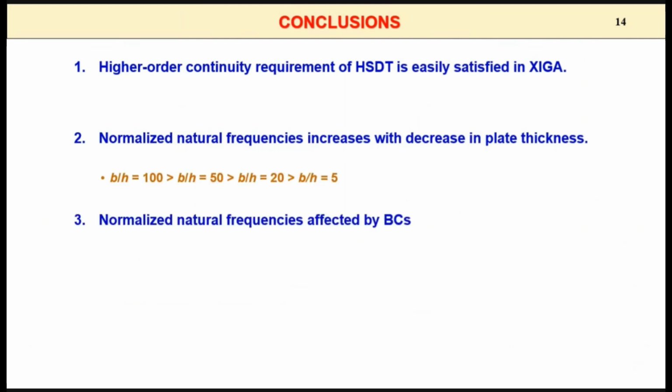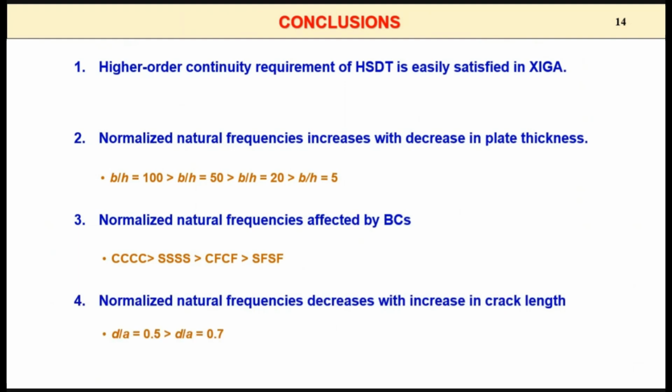The natural frequencies vary with B by H in this way. For B by H greater than 100, for a thinner plate, the natural frequency is more. Also, regarding the effect of boundary condition, the clamped boundary condition provides more stiffness, so obviously the natural frequency increases, and the normalized natural frequency decreases with the increase in the crack length.